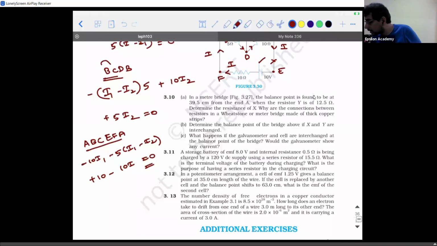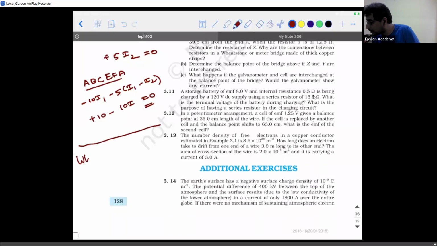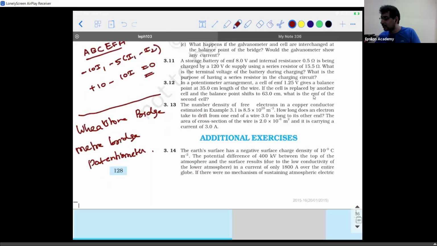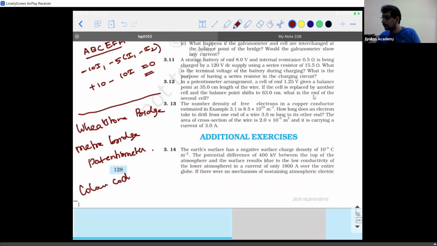So the concepts that are left out are Wheatstone bridge, meter bridge, potentiometer. And I need to explain something called color coding of resistors. This is a very small concept. So these are all the concepts that are left out.